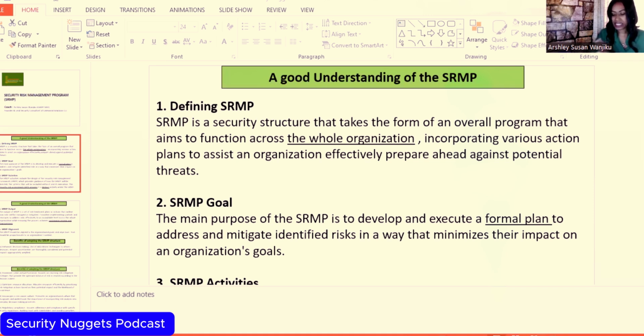It incorporates the organization's critical business functions, and under those, the critical activities and processes that require security considerations. It also integrates all employees and all relevant stakeholders within and outside the organization. And that's the beauty of it.